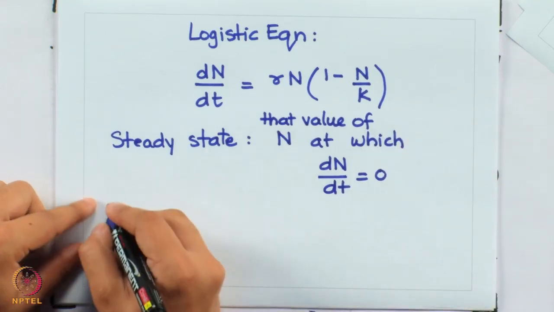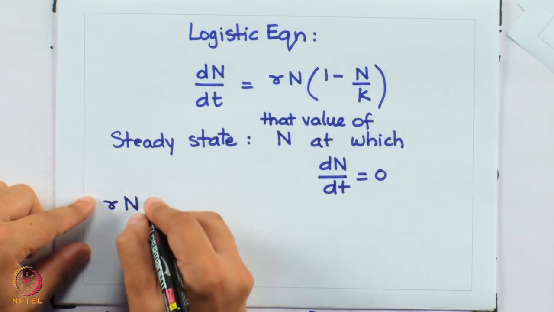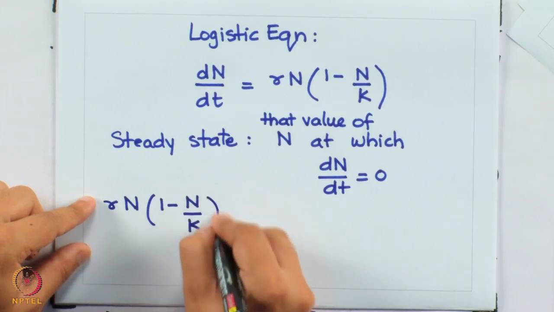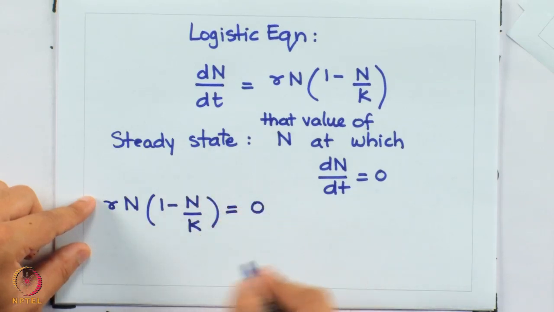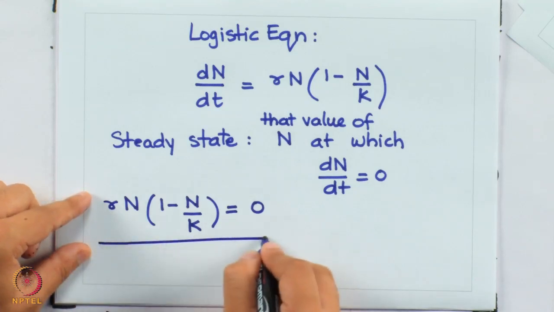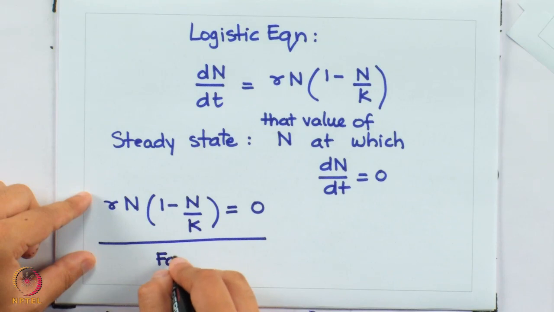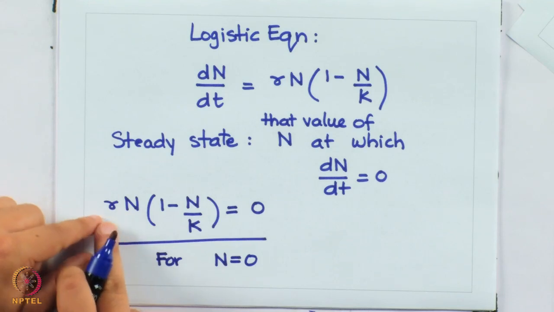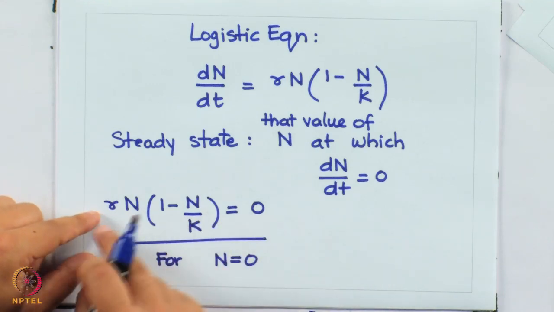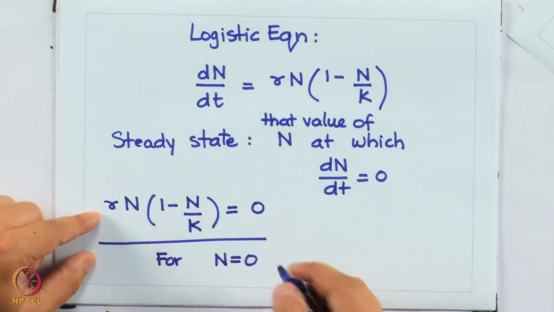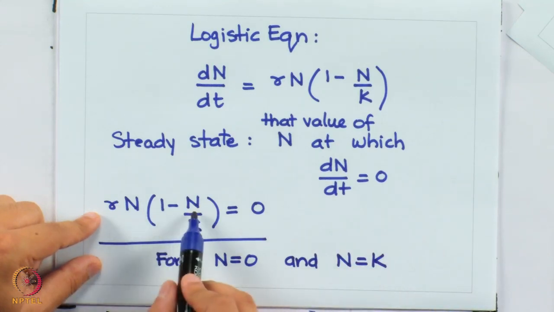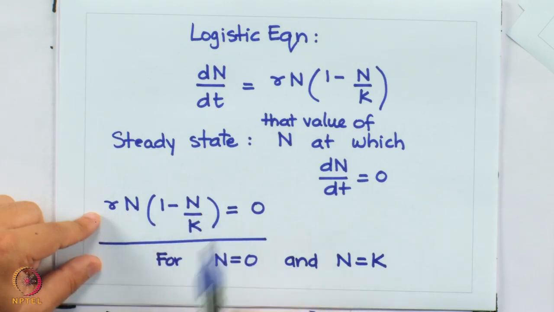For our equation, what are the values for which dN by dt is equal to 0? We know dN by dt is just equal to RN times (1 minus N by K) is equal to 0, and this whole expression is equal to 0 for N equal to 0, because when I plug N equal to 0 here, this becomes R times 0 times this quantity in bracket, which is 0, and N equals K. Because when I plug N equal to K here, this becomes 1 minus 1, which is 0, 0 times RN is equal to 0.